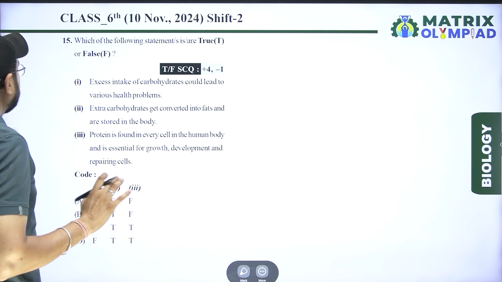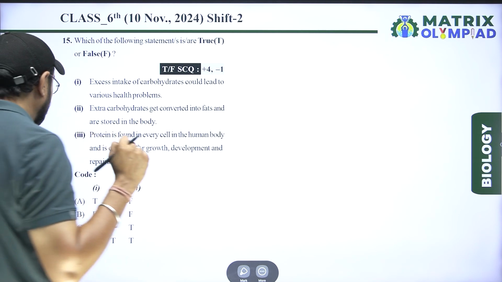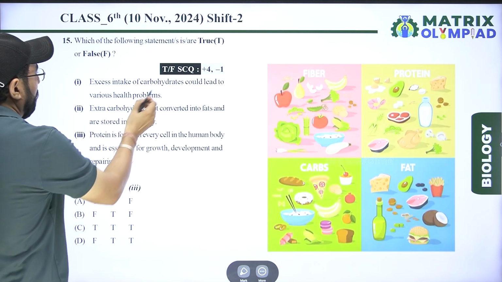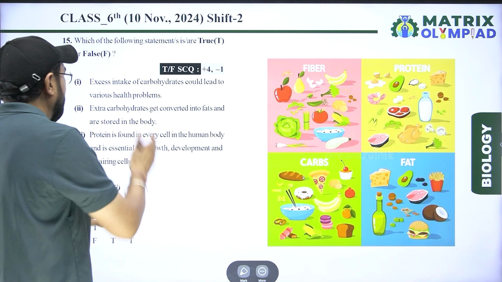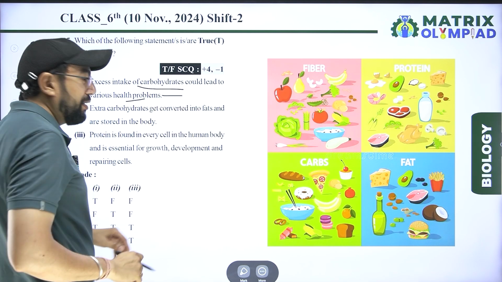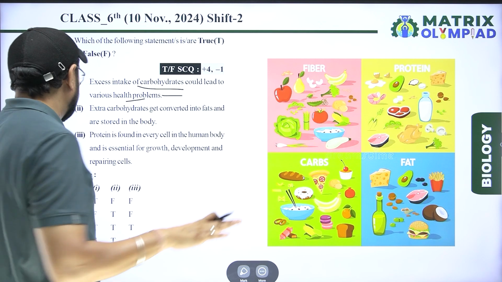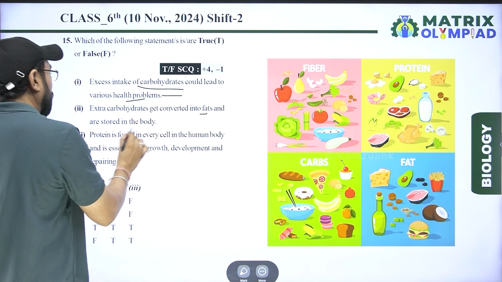Next, which of the following statements are true and false? Excess intake of carbohydrate could lead to various health problems. That is right. Extra carbohydrate gets converted into fat and stored in the body.